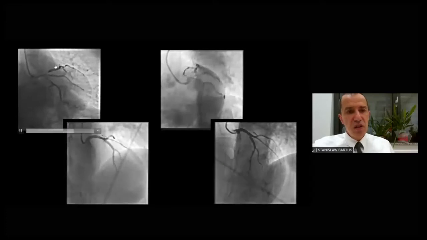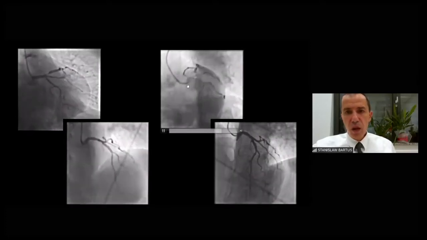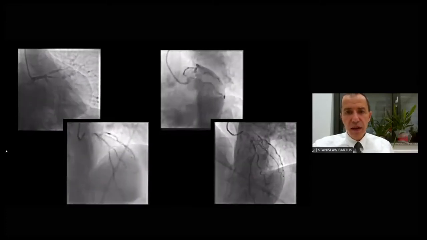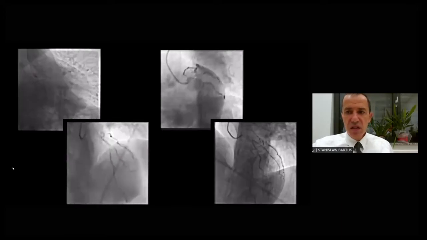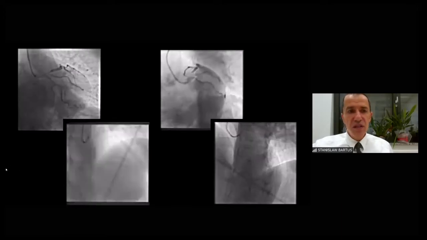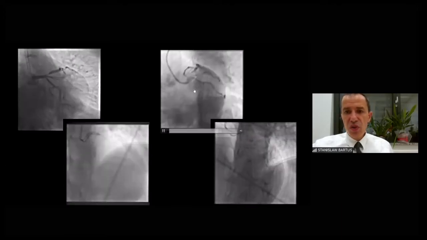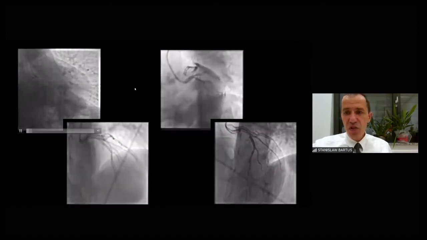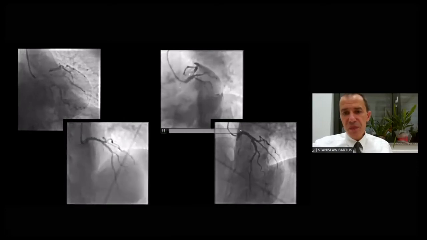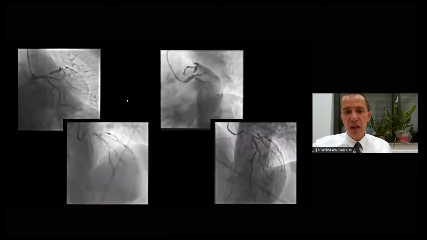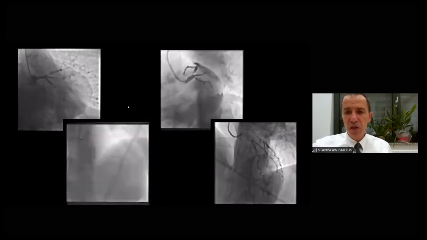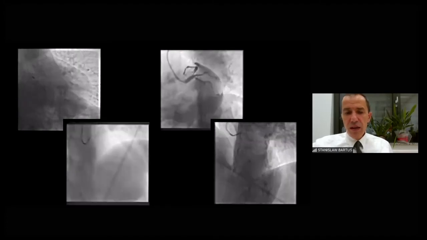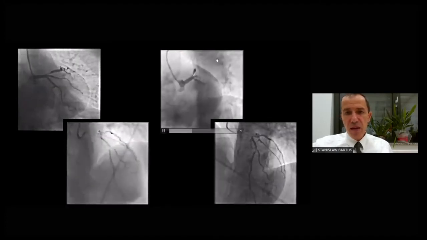This is a patient with a critical lesion in the LAD. This is in fact acute coronary syndrome. The patient is 44 years old, a young patient with a critical lesion, with troponin more than 2000, and the patient has pain.